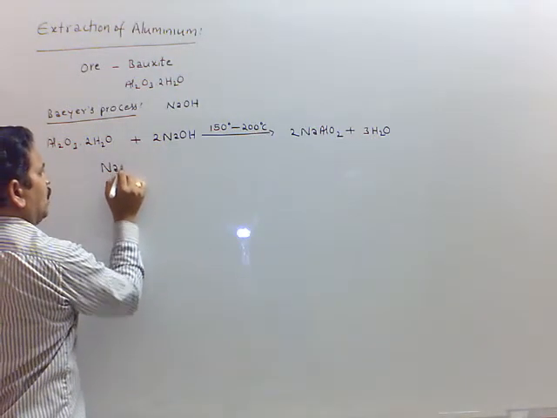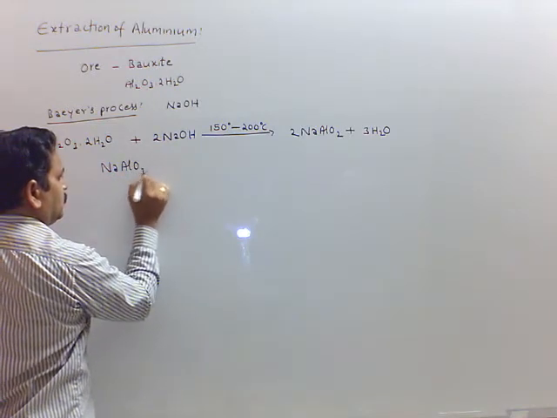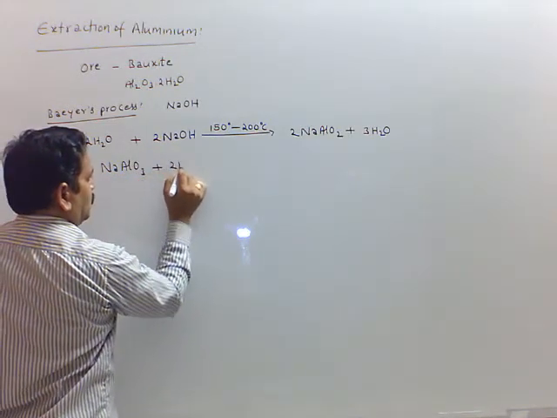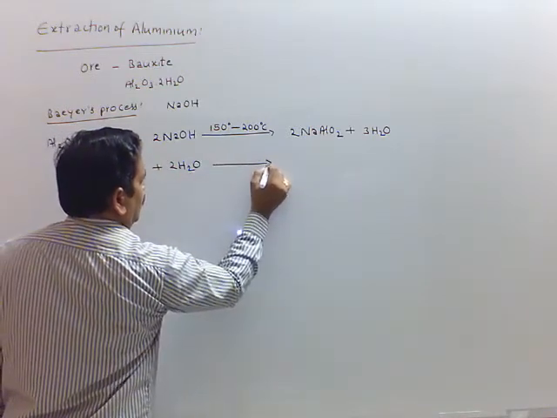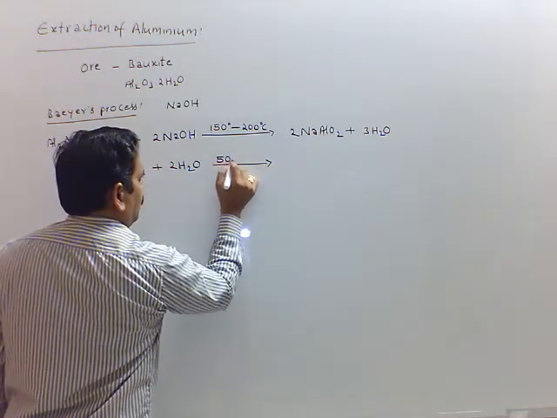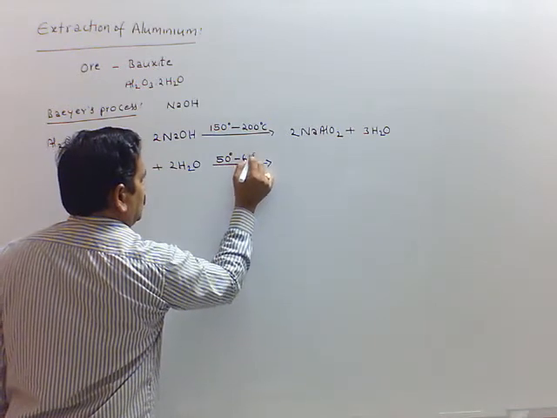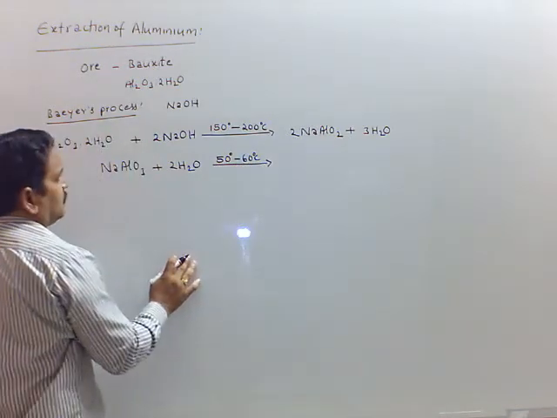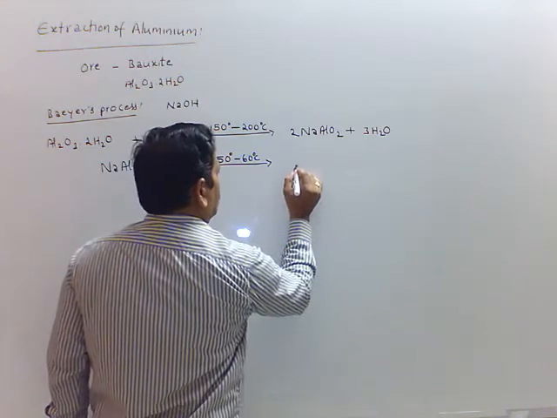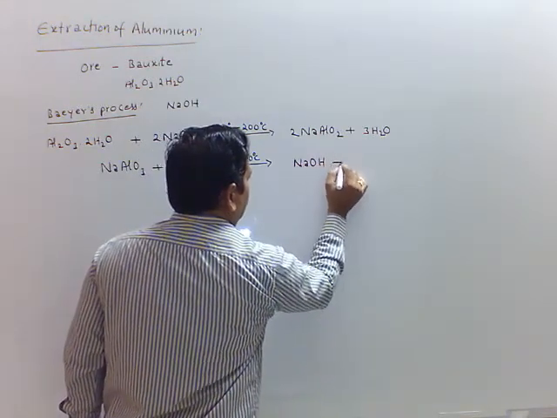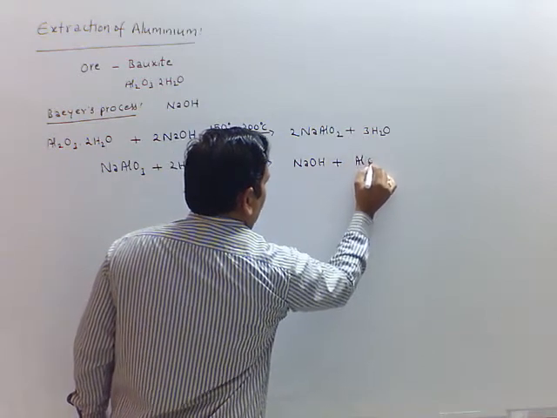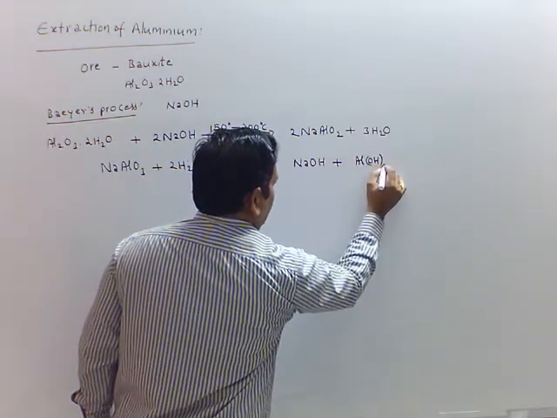Now, sodium aluminate is treated with water at a temperature of 50 to 60 degrees Celsius. We get sodium hydroxide and aluminum hydroxide.